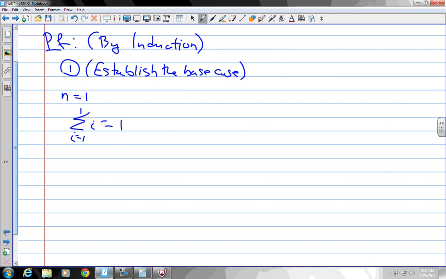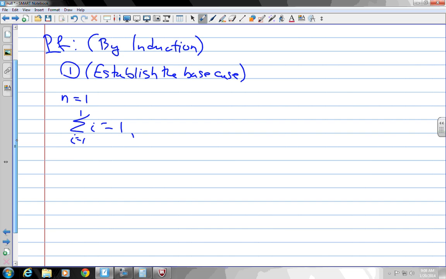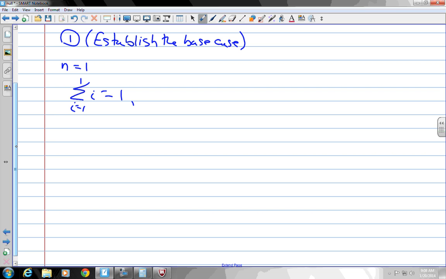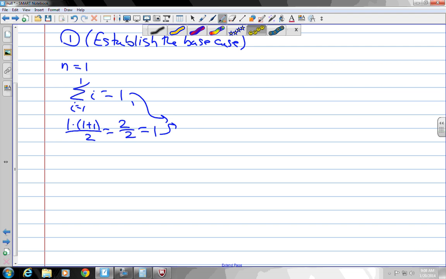There is no other number to add, so the sum is 1. But at the same time, if I plug 1 into the right-hand side of my proposition, 1 times 1 plus 1 over 2 becomes 2 over 2, that also equals 1. So that works. These two things give me the same result. That makes us happy. That's the base case.